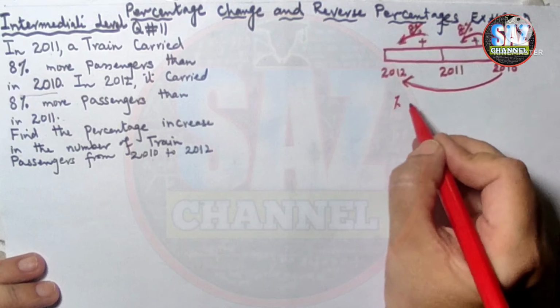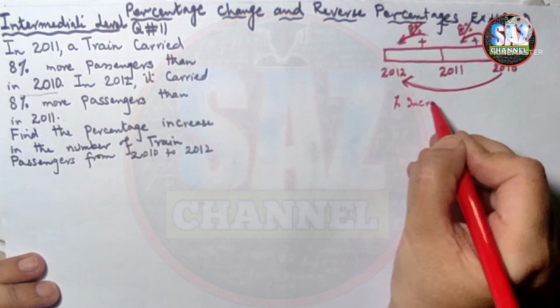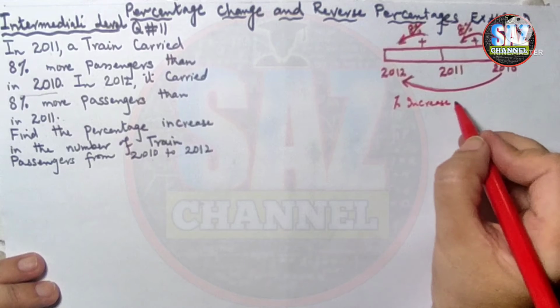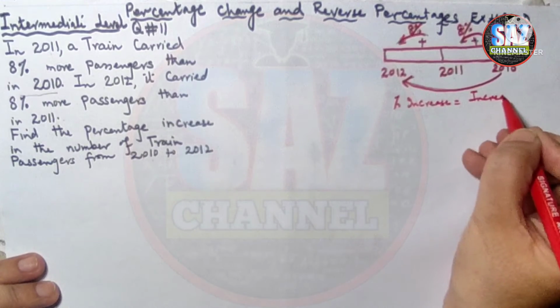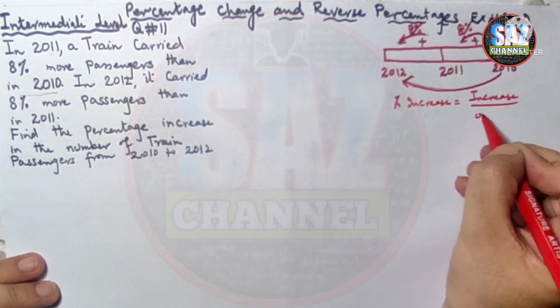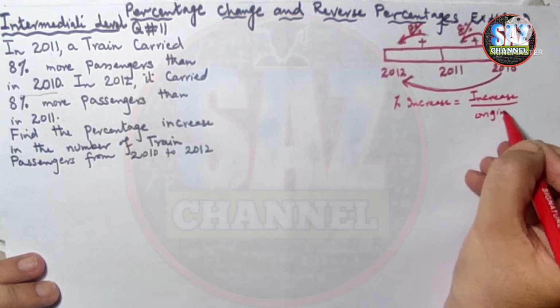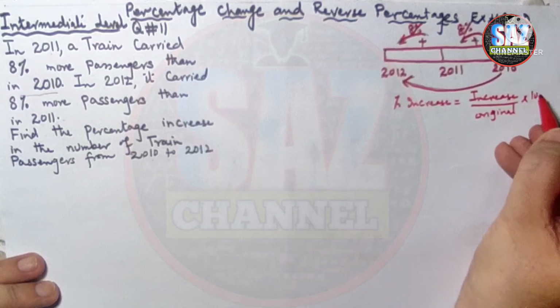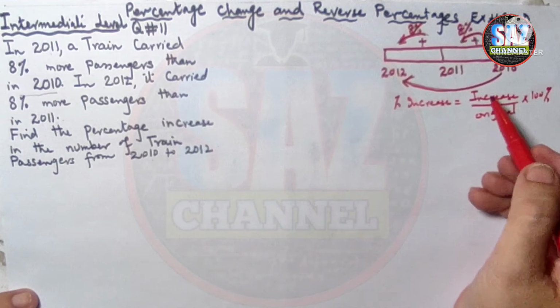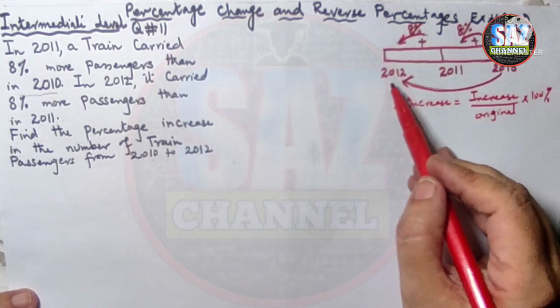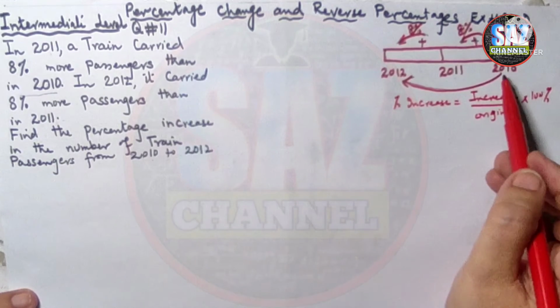Percentage increase, the formula is increase upon original times 100%. Now, in order to find the increase, we have to find the difference between the values of 2012 and 2010.